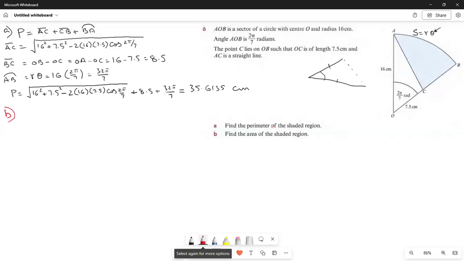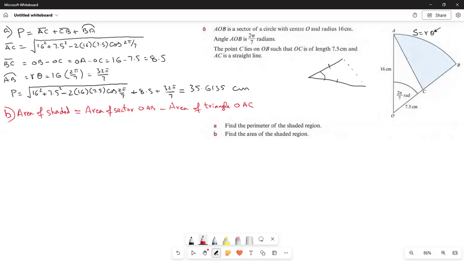What I will do, area of shaded is equal to area of the sector OAB minus area of the triangle, which triangle, OAC.